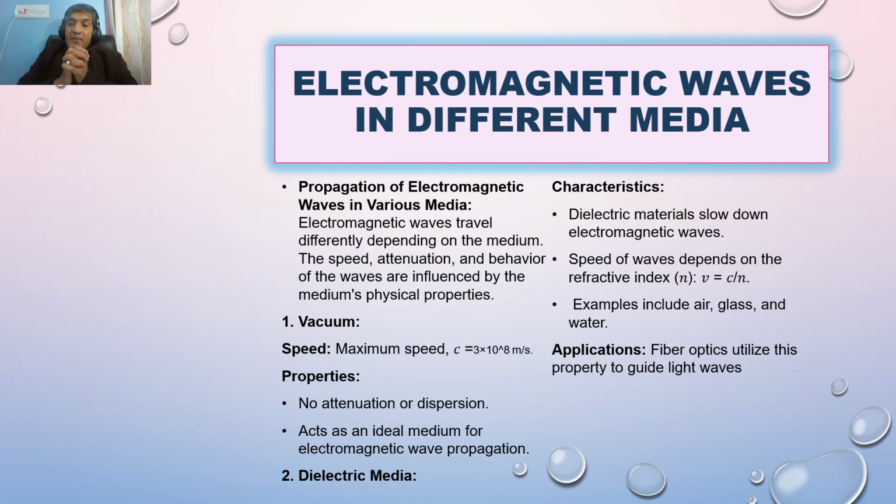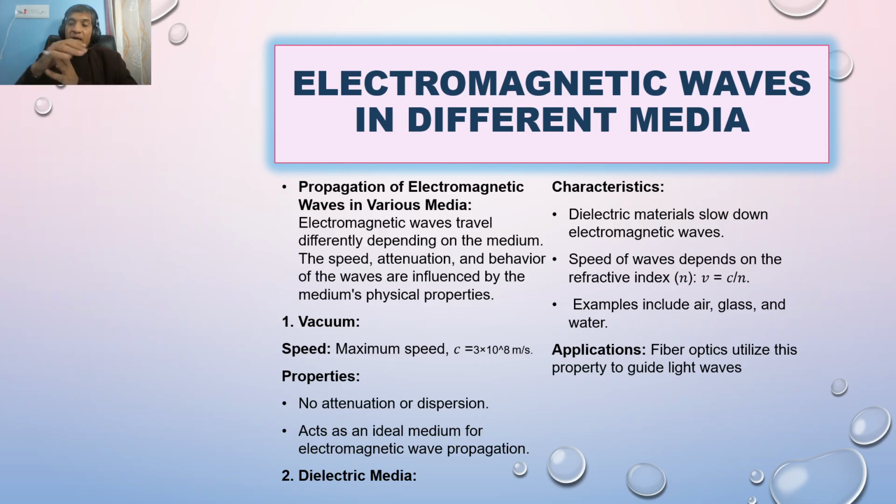Some dielectric or material media decrease the speed of electromagnetic waves. Dielectric materials slow down the electromagnetic wave speed. The speed of waves depends on the relation between the refractive index n, the speed of light, and the speed of the electromagnetic wave in that particular medium. Some examples of material media are glass, air, and water.